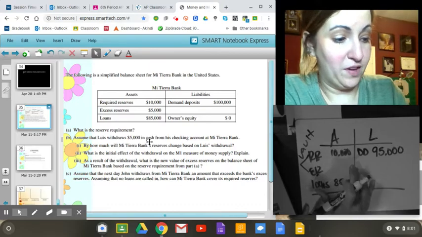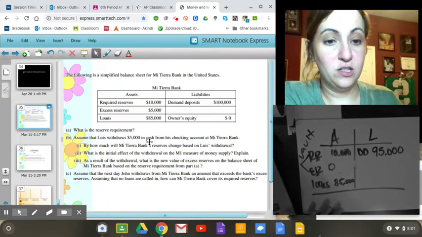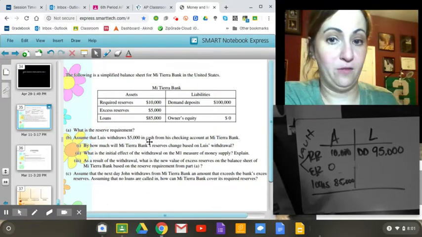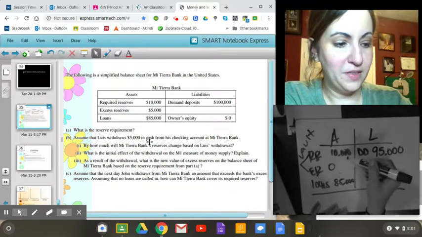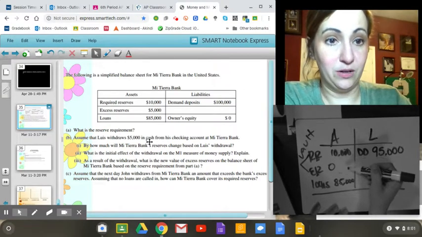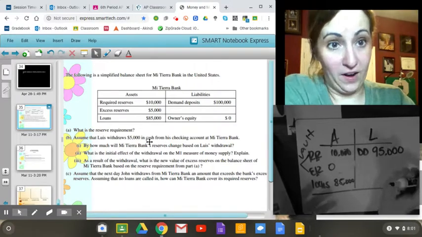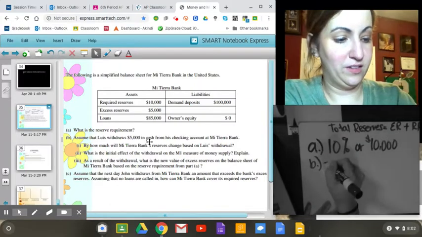They took $5,000, which was all I had left. So there's 0 in excess reserves for now. So how much did it change by? There was 10,000 and 5,000. Now it's 10,000 and 0. It fell by $5,000.